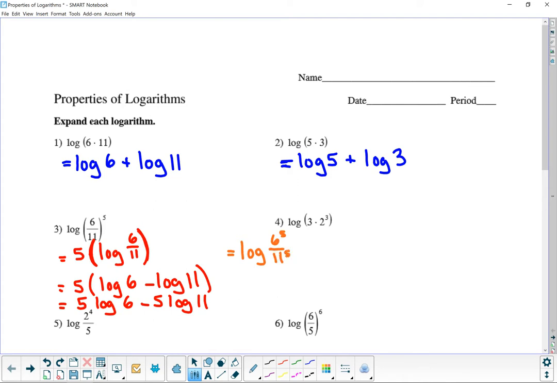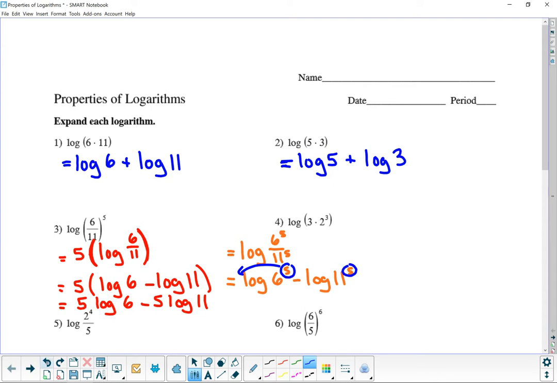So this is a second way of doing it, which will be equal to, and then we're going to use the quotient rule, log 6 to the 5th minus log 11 to the 5th. Then we're going to use the power rule, which means that these exponents can come to the front.